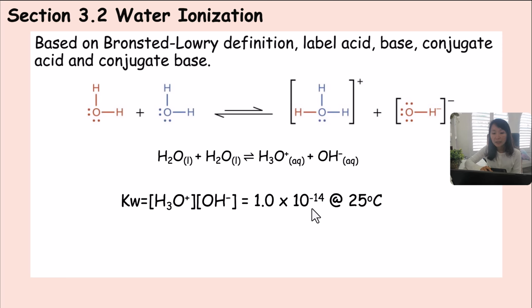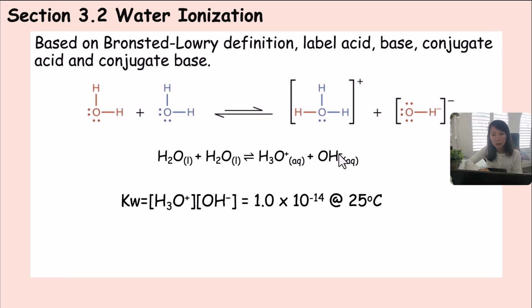But before we move on, just know that when this reaction does occur, the concentrations are in a 1-to-1 ratio. So the concentration of hydronium and the concentration of hydroxide, in a pure water form, are equal. These two values must be equal in order to form 1.0 times 10 to the negative 14.